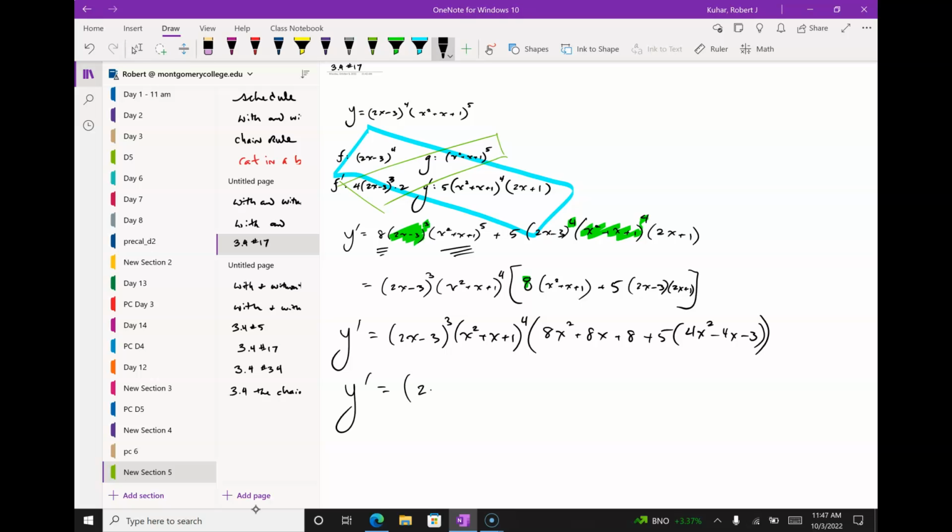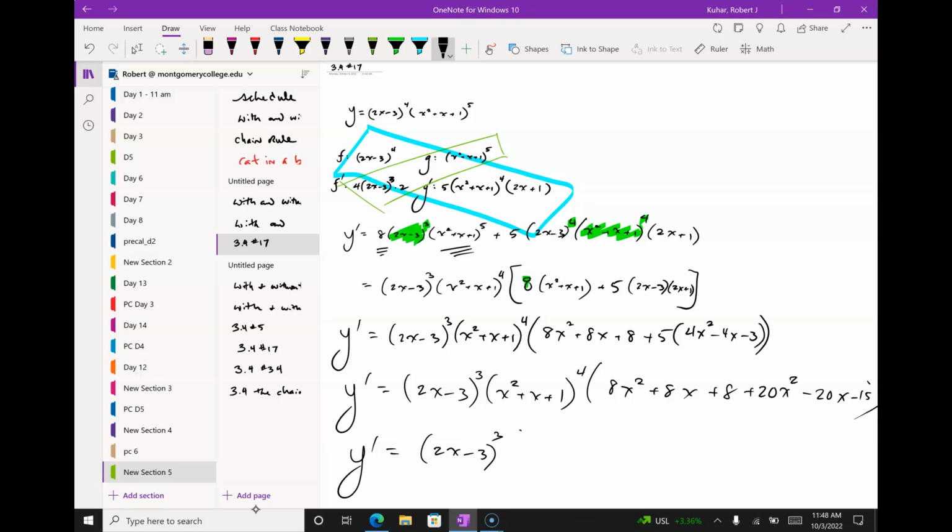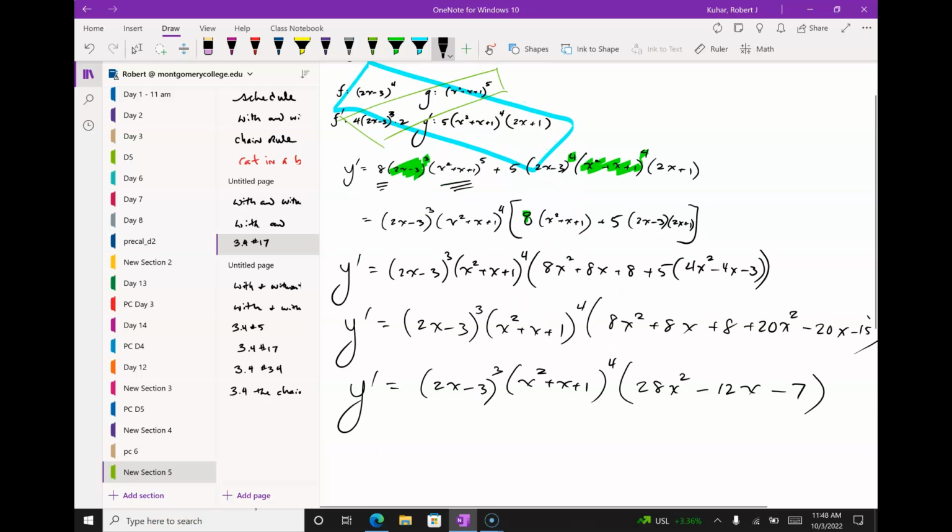And so I just want to distribute that 5. And then combine like terms. I think that's my final answer.